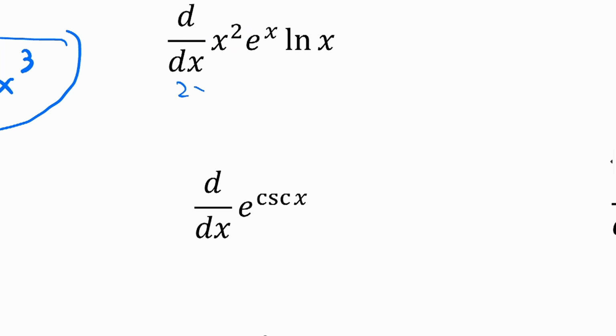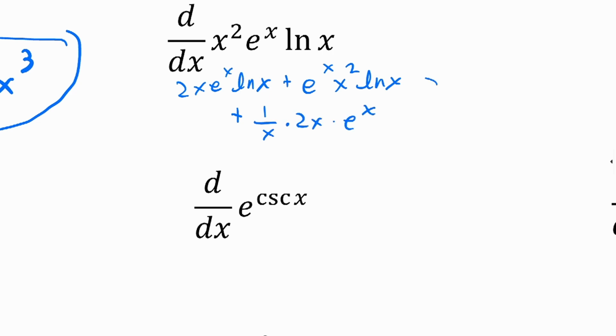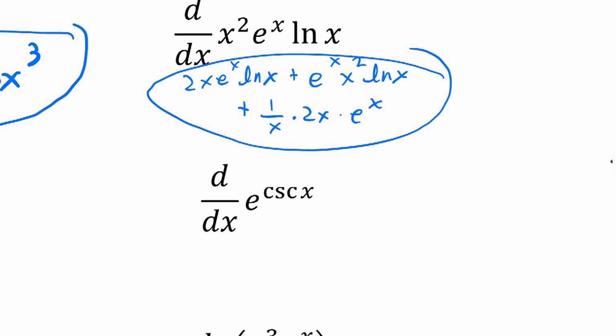This is going to be 2x e to the x ln x, right? It's just the derivative of x squared. Just tag on the other two. The second one is going to be e to the x. Well, that's easy. e to the x is just e to the x when you differentiate it. x squared ln x. The last one, derivative of ln of x is 1 over x. And then just multiply the other two. And yes, you can simplify this a little bit, but I'm going to leave it at that.